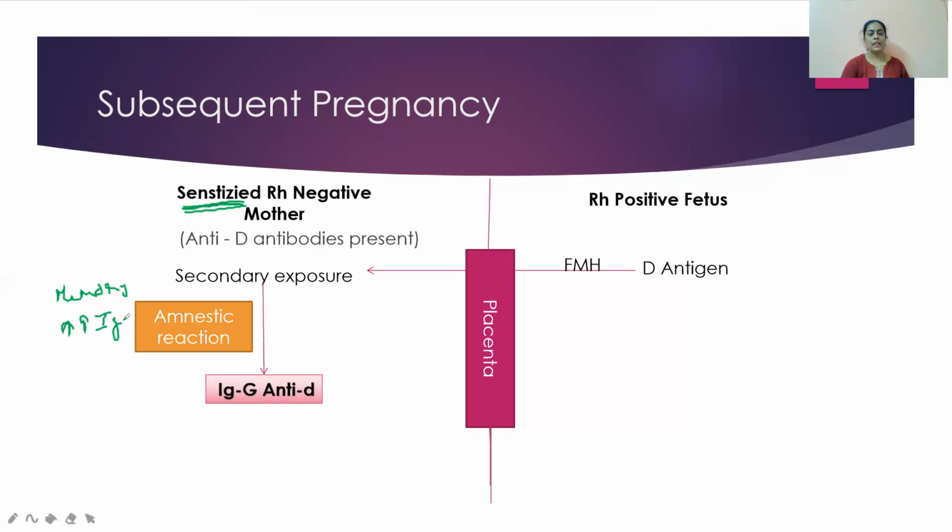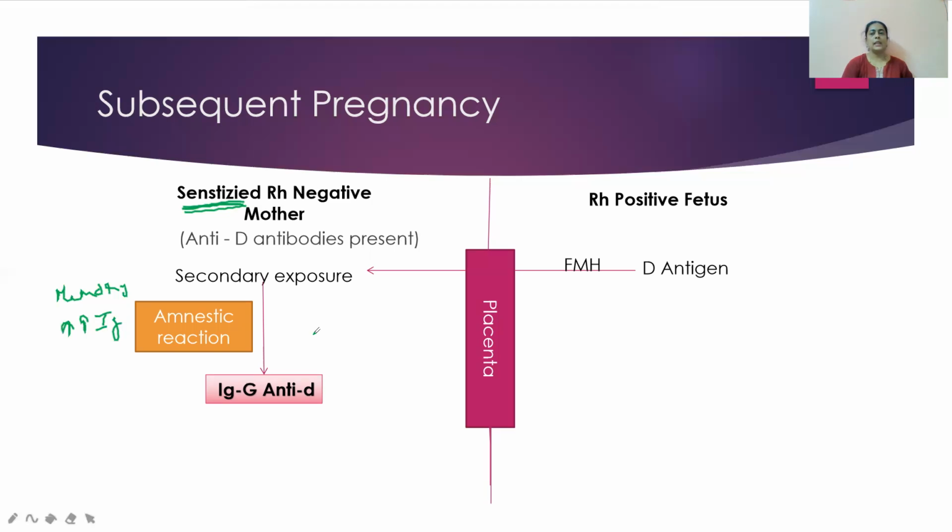Now we have the secondary response. Because there is memory of the immune system against this antigen, there is increased production of IgG immunoglobulin. So this is called amnestic reaction.